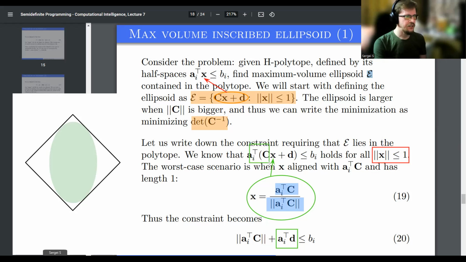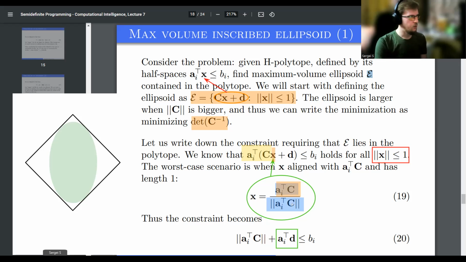what we have is one instance of A times C here, and another instance of A times C here. They are multiplied, so it is A times C squared, which is the same as the norm of A times C squared, because the dot product of a vector with itself is a norm squared.